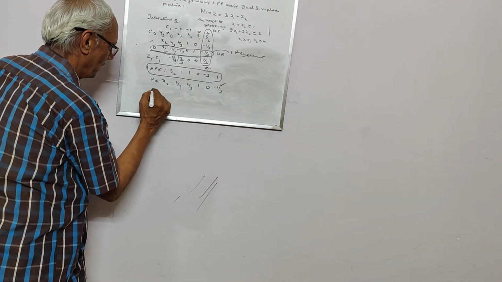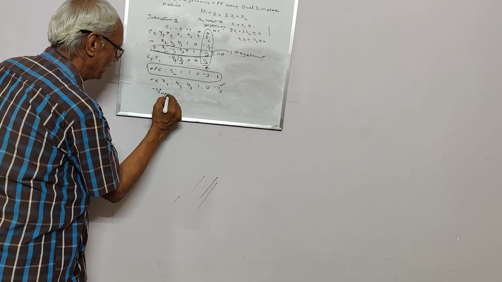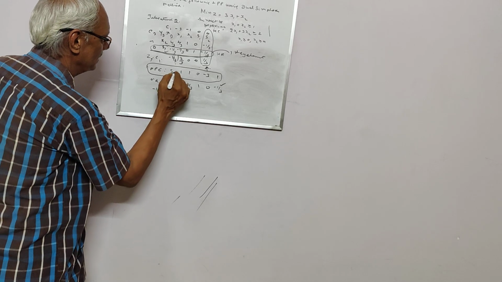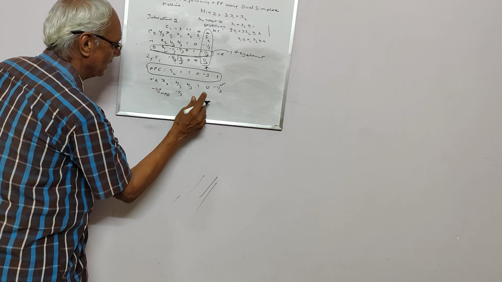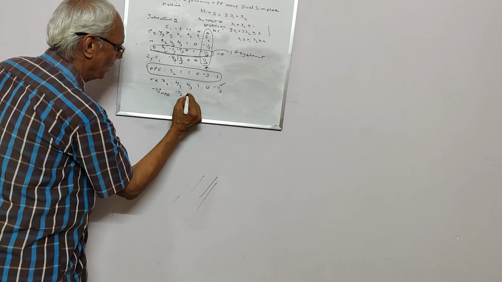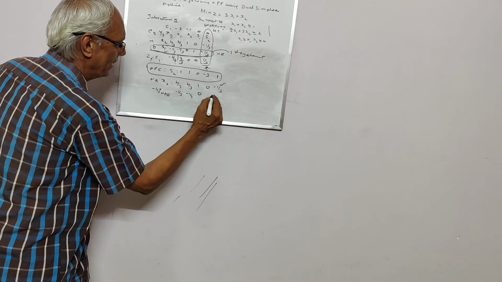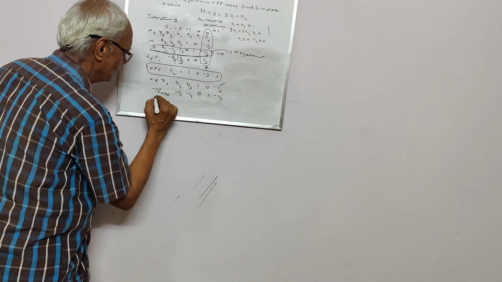Now, minus 1 by 3 into the new pivot equation. What is that? Minus 1 by 3 into 1, minus 1 by 3. Minus 1 by 3 into 1, minus 1 by 3. Next is 0. Minus 1 by 3. This is 1. And this is minus 1 by 3. Now you subtract.